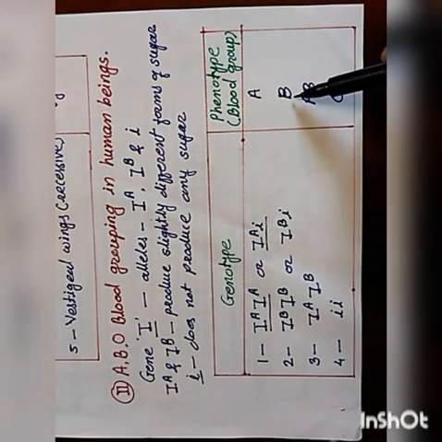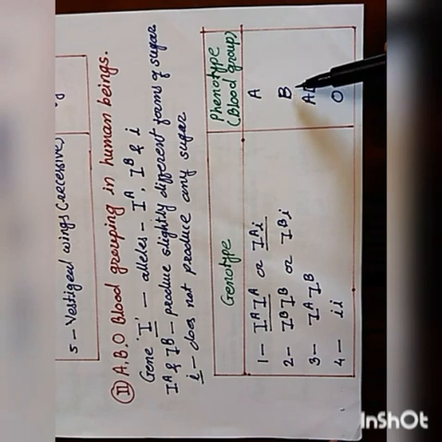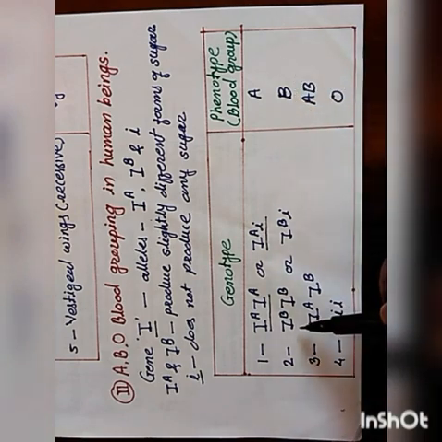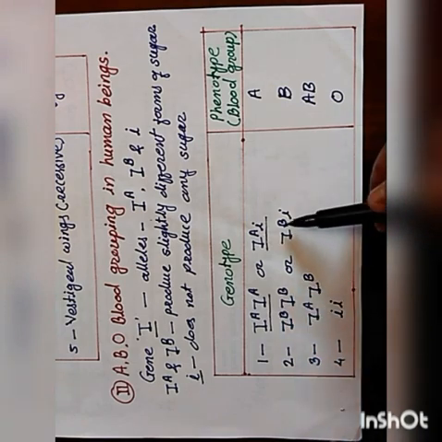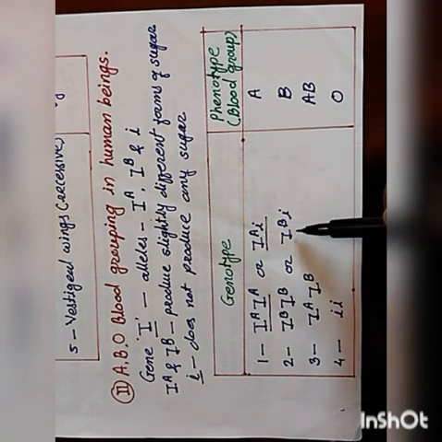While that of the person who has the blood group B, that person has the genotype IBIB means homozygous condition, or IBi means in heterozygous condition.